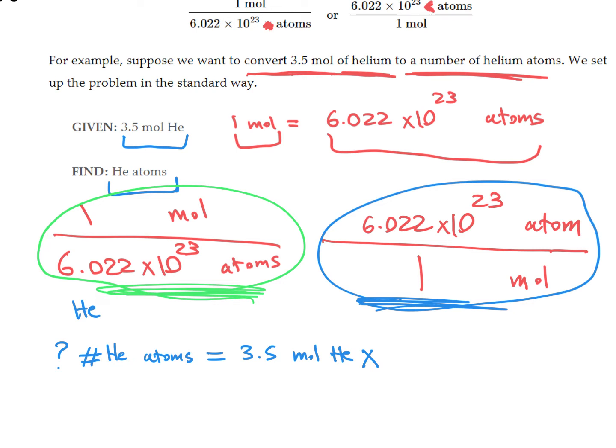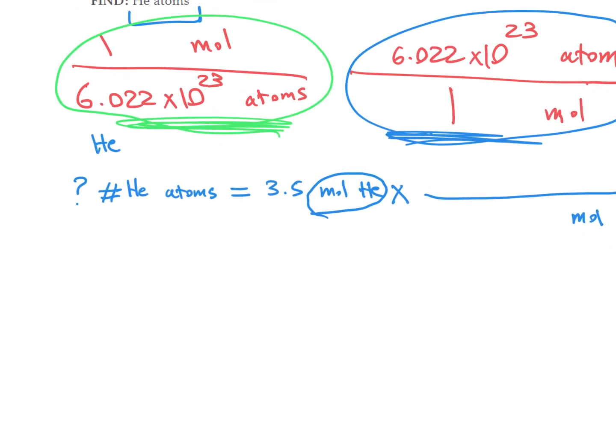So when you write the conversion factor, you should write it so that mole with mole cancels out, right? Imagine I write the green one.